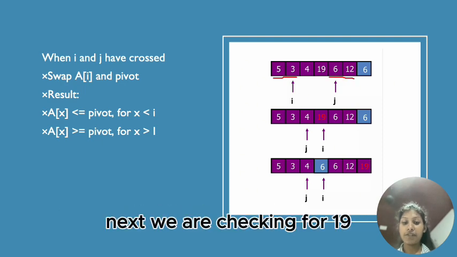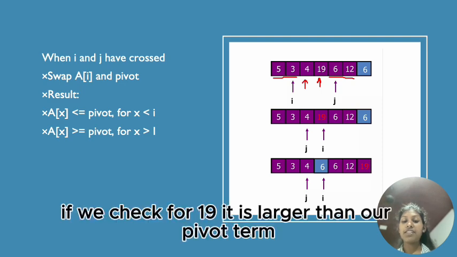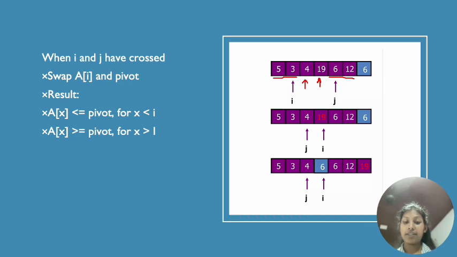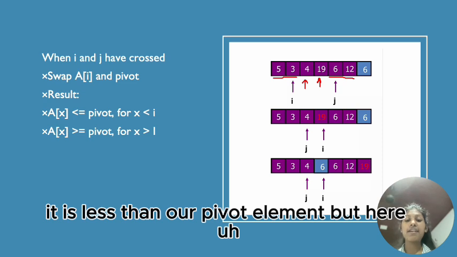Next we are checking for 19 and 4. If we check for 19, it is larger than our pivot element. If we check for our next value, number 4, it is less than our pivot element.